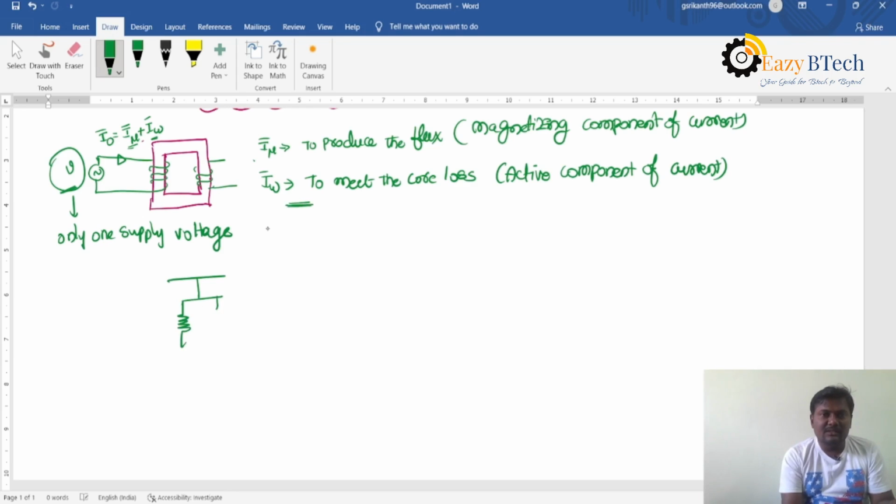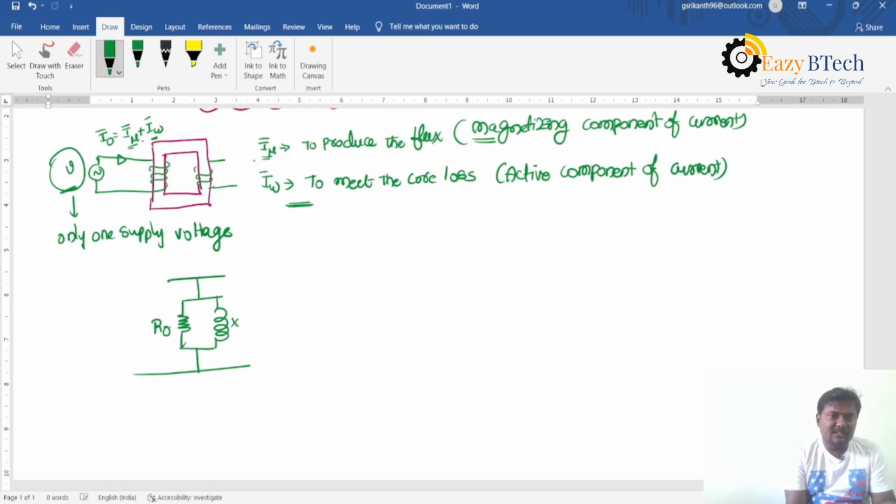The active component of the current is represented with a resistor, and the reactive or magnetizing component of current is represented with a reactance. The current flowing through R0 is the wattful component of current, and the current flowing through X0 is the magnetizing component of current.